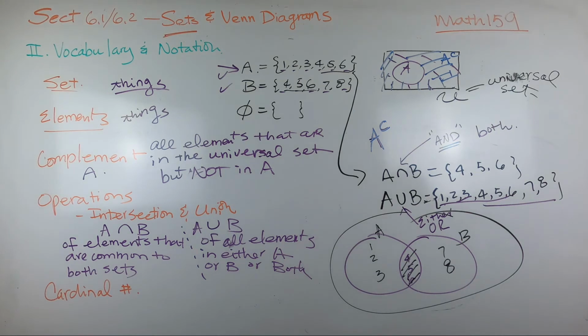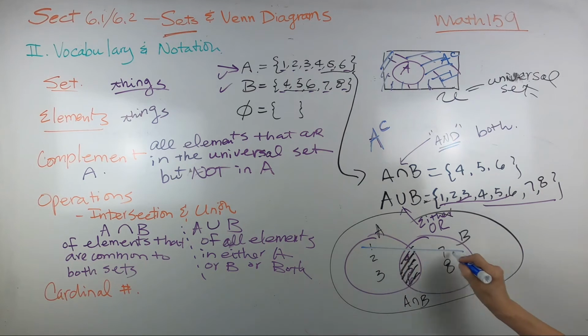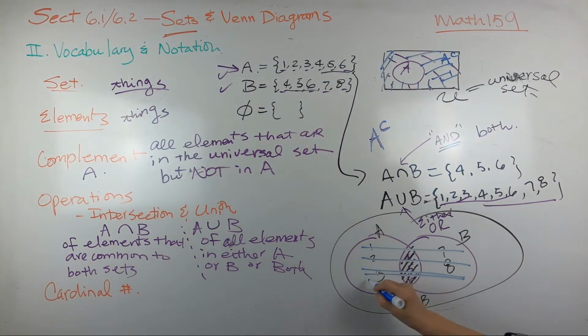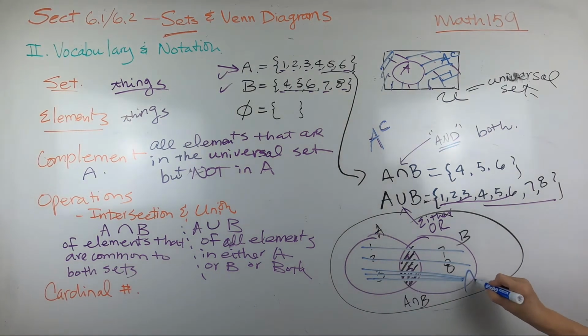If you look at the Venn diagram, this part would be A intersect B, right? Then where's A union B? It would be the whole thing, including A and B. So the whole thing would be A union B, if you use the Venn diagram to see it.